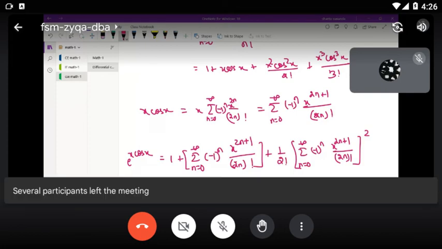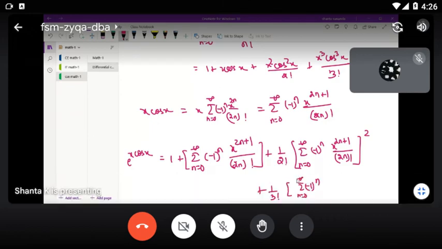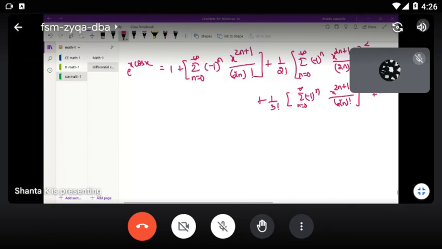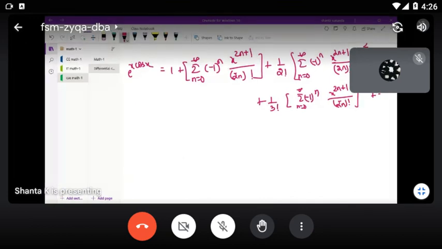Here also calculation is there, and you have to do a little bit of calculation.